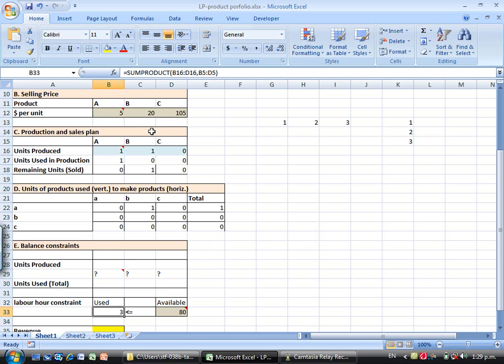Now this constraint here means that the number of labour hours used must be less than or equal to the number of labour hours available, which we'd previously specified in the model. Now the units produced must be less than or equal to the actual units used, I think.